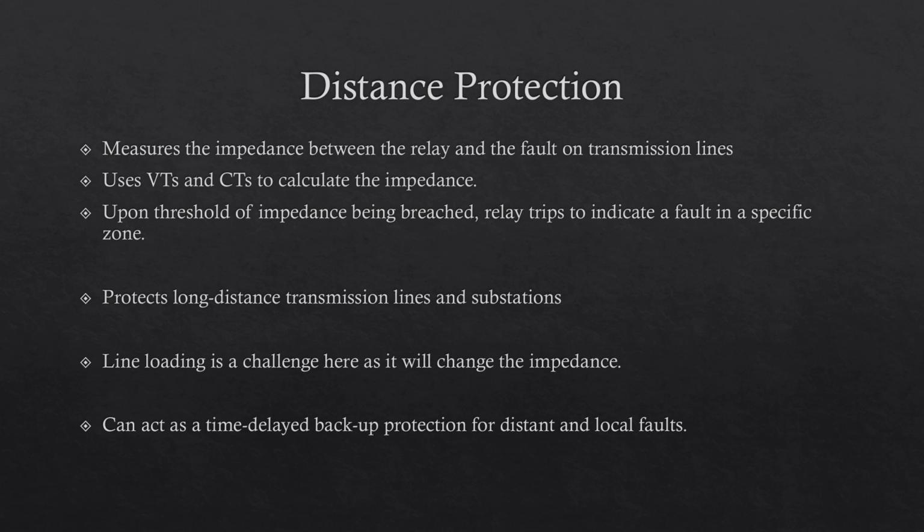And when such a threshold is exceeded, the relay will trip, indicate a fault in a specific zone, and act as either a backup protection for the same zone or for a different zone.